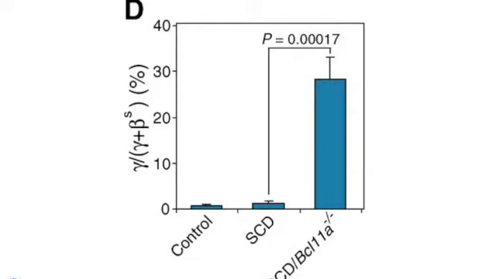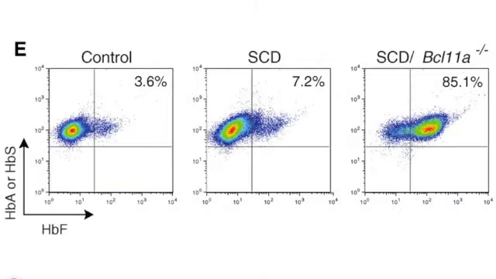It is shown that SCD-BCL11A has the highest values. Quantitative reverse transcription polymerase chain reactions are used to quantitatively detect gene expression through creation of complementary DNA transcripts from RNA. Part E shows the distribution of fetal hemoglobin in red blood cells. SCD-BCL11A has the most fetal cells as compared to red blood cells in SCD.